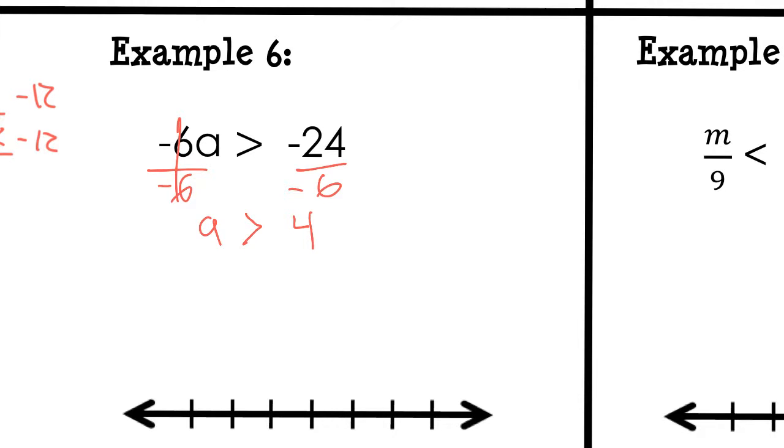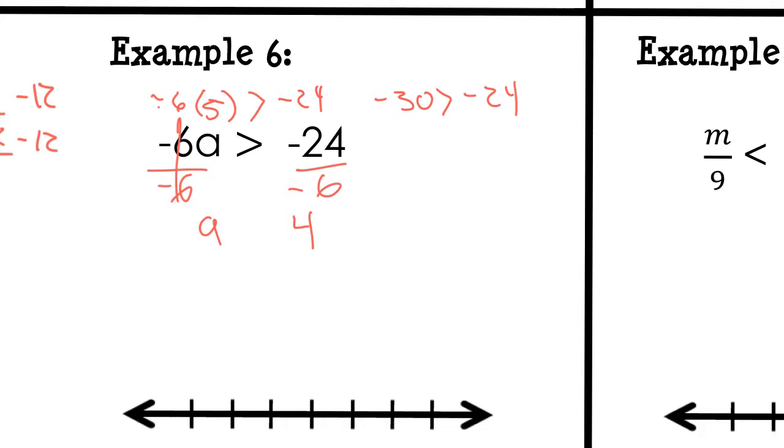Well, if I said a is going to be greater than 4, let's see. If I put 5 in here, negative 6 times 5 is greater than negative 24. Well, is that true? Negative 6 times 5 is negative 30. Is that greater than negative 24? Well, no. What happens is when we are either dividing or multiplying by a negative, what I've got to do is flip.